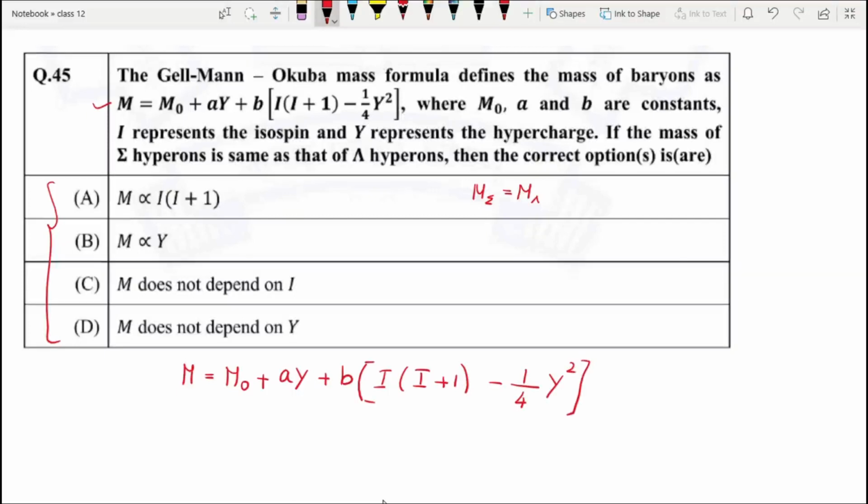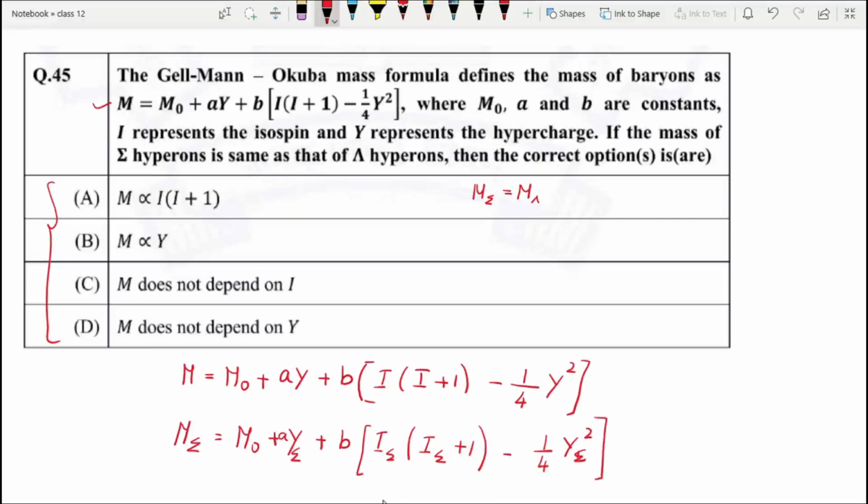So first we will find the mass of sigma. Mass of sigma is equal to m₀ plus a times the hypercharge of sigma plus b times [isospin of sigma times (isospin of sigma plus 1) minus 1/4 times the hypercharge of sigma squared].